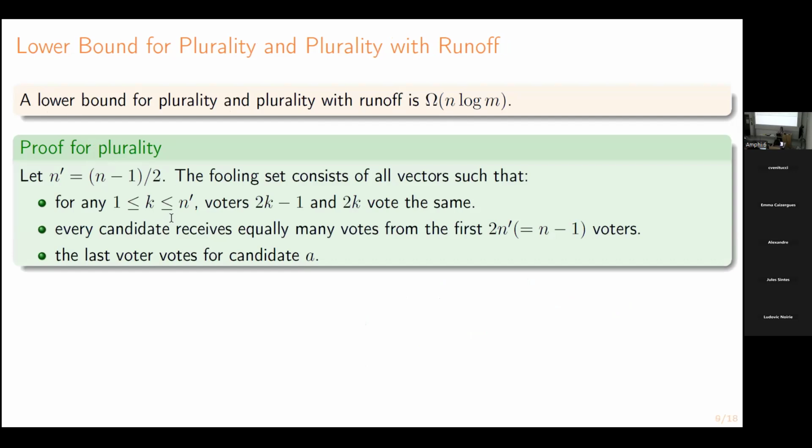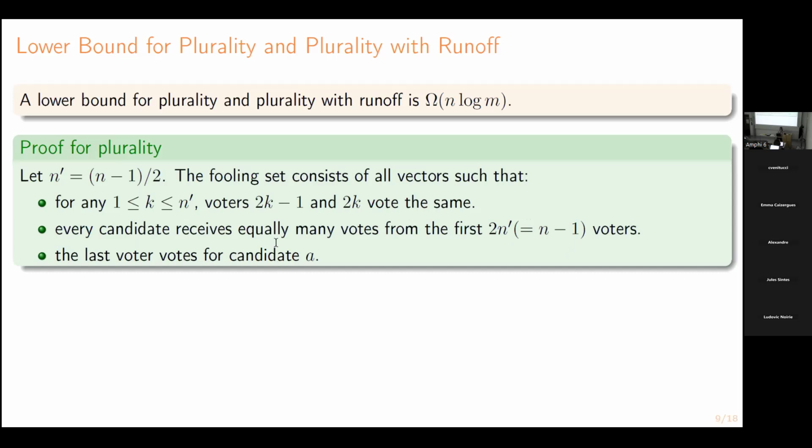So for example, voters 1 and 2 will vote, for example, for candidate A. And you do this until n minus 1. And the last voter votes for candidate A. So you have a sequence of votes where the neighbors vote the same, two by two, and the last one votes for A.